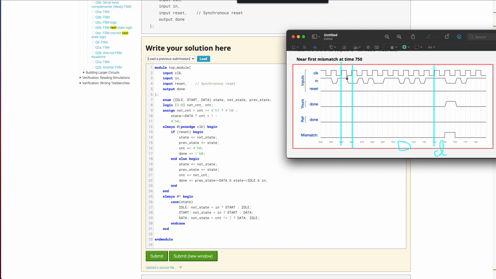So this state can't be start, right? Because in must be 0 for us to transition to data. So I'm guessing this is data somehow.